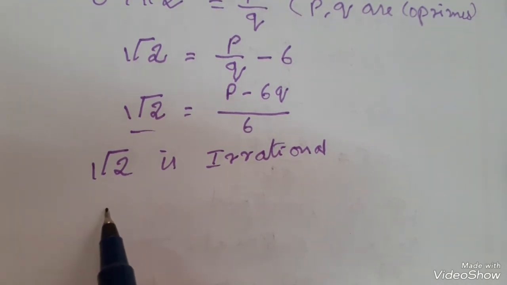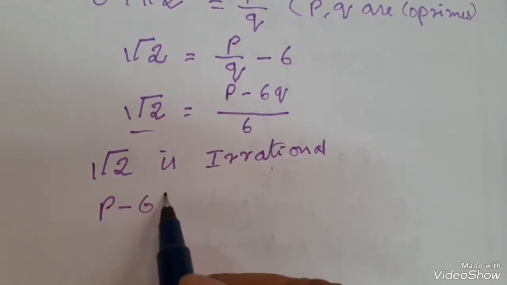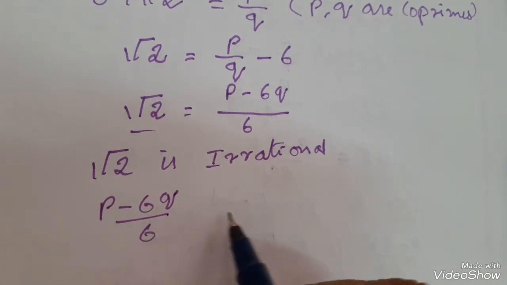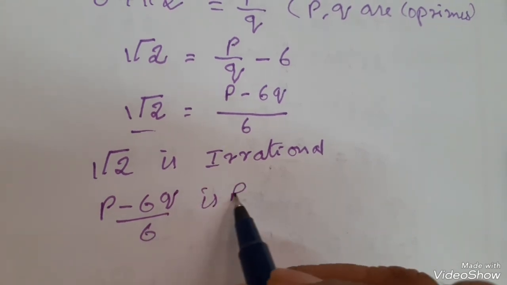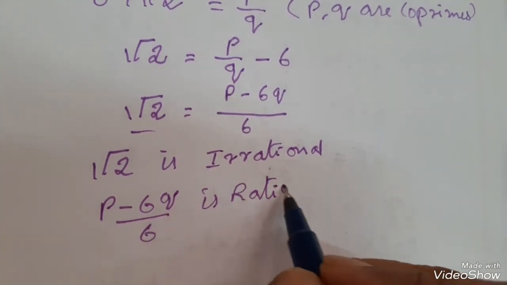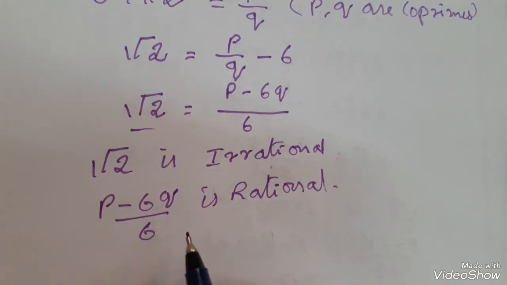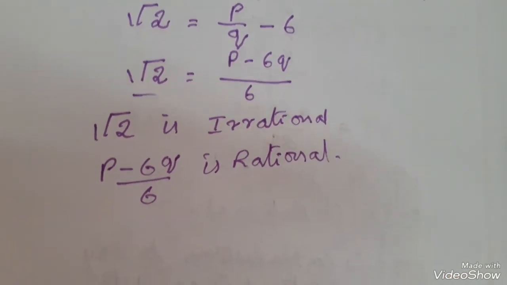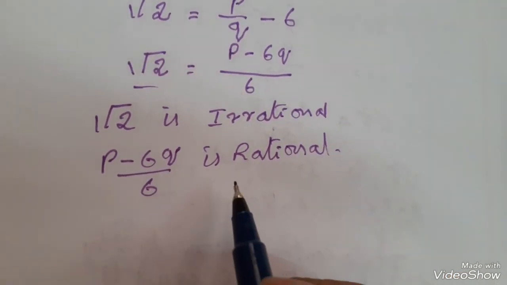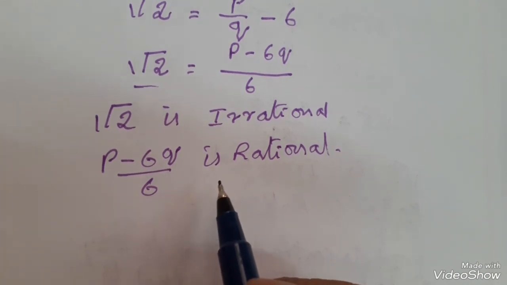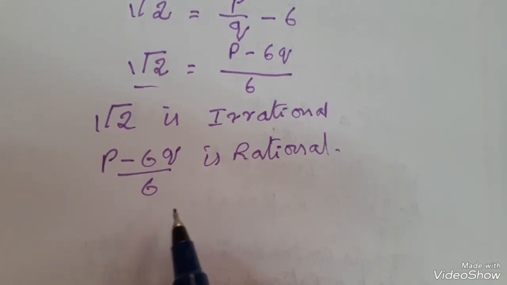And P minus 6Q by Q is rational. So one side we get irrational, the other side is rational. So they are never equal.